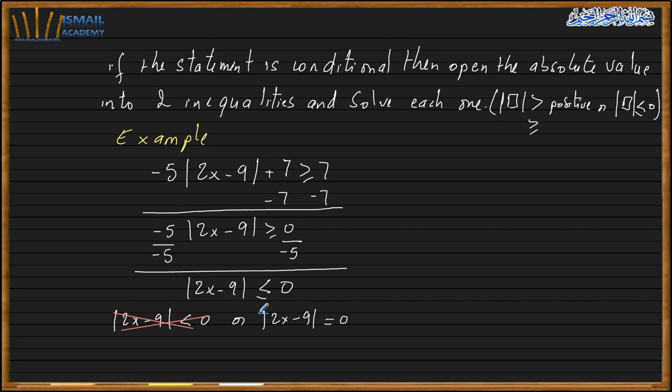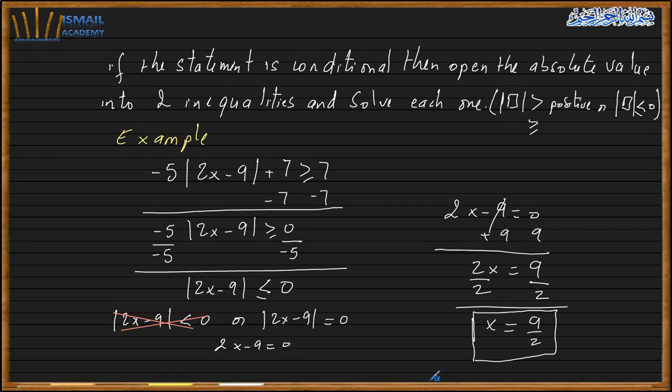So if the absolute value is equal to 0, that means I add 9 both sides. So 2x equals 9 because this is cancelled out. Then we divide by 2, which means that sometimes an inequality may have one solution.